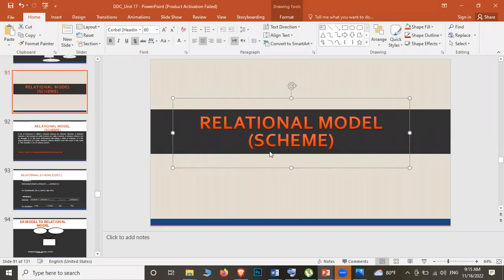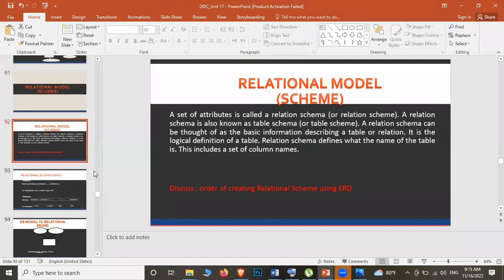Relational model schema. A set of attributes is called a relation schema or relational schema. A relation schema is also known as a table schema.